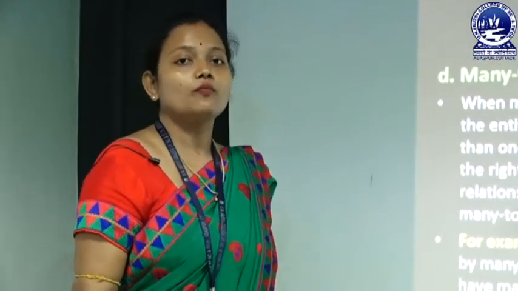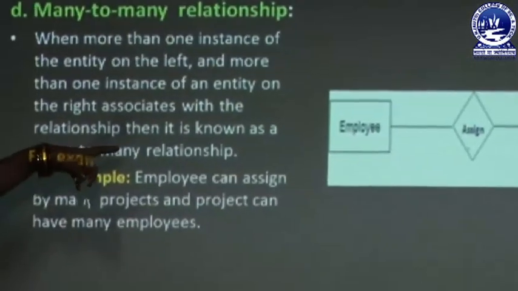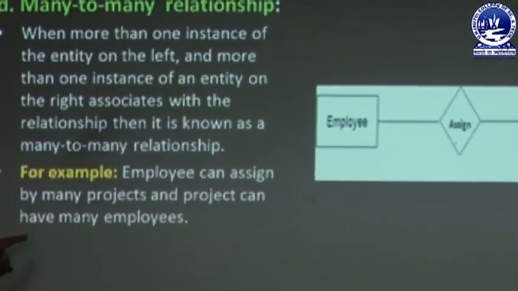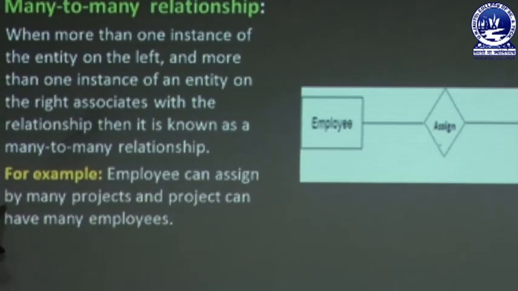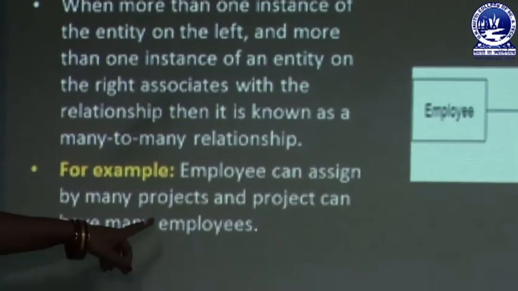That means more than one employee can work on a particular project, or more than one project can be done by more than one employee. So, the relationship between employee and project in this case is many to many. An employee can be assigned many projects and a project can have many employees.